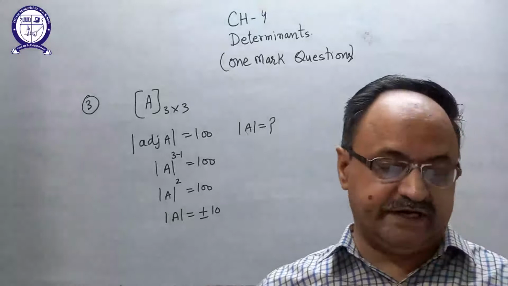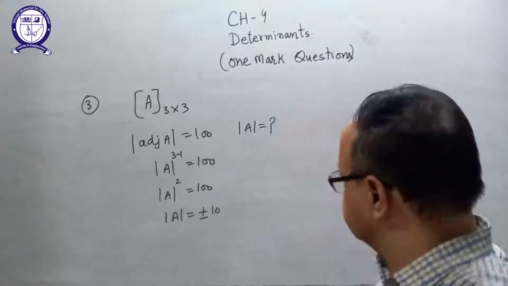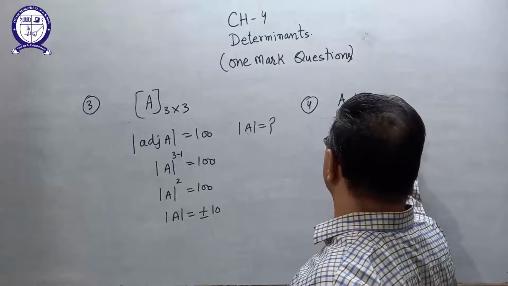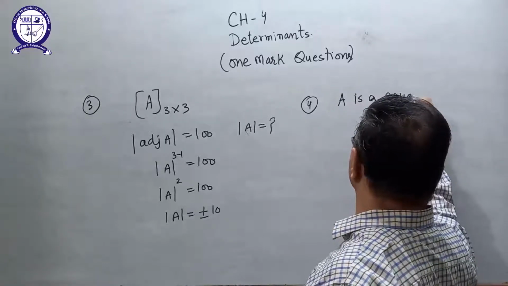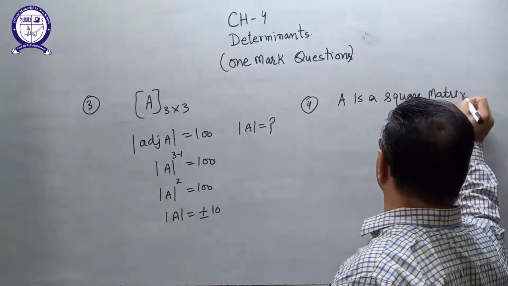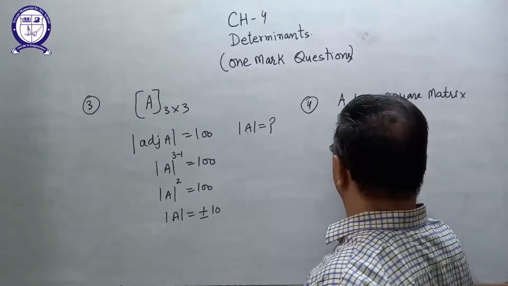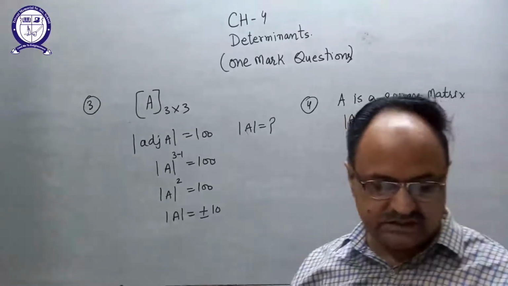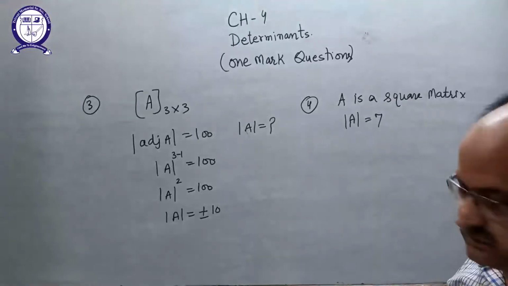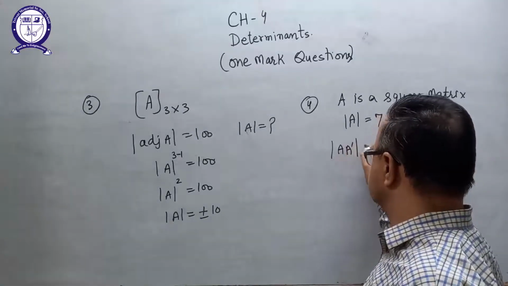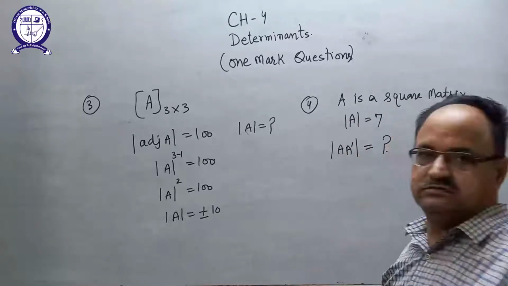Now, next question, fourth question. A is a square matrix such that determinant of A is equal to 7. Then write the value of determinant of A transpose. Clear?